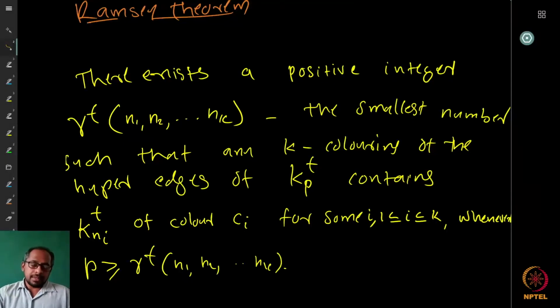So now here is the general form of Ramsey theorem. It says there exists a positive integer R_t(n1, ..., nk), because we are talking specifically about t-uniform hypergraphs, the smallest number such that any k-coloring of the hyperedges, right?